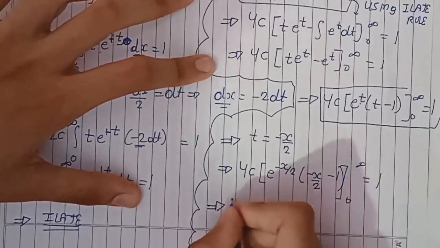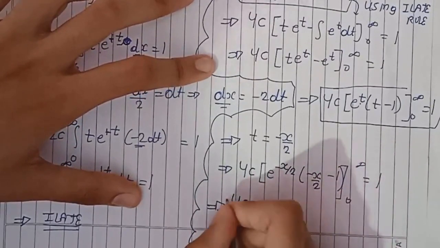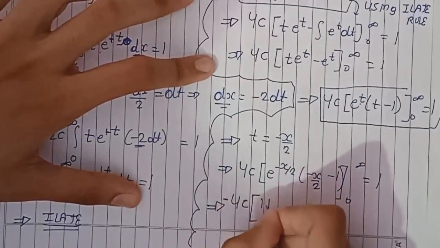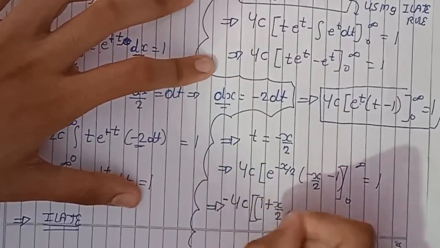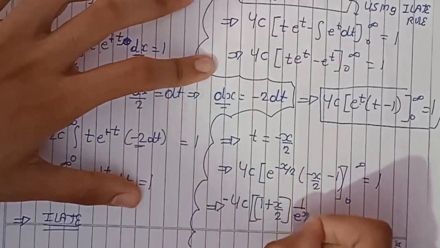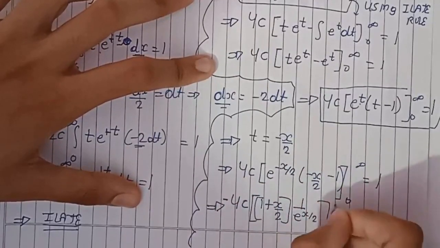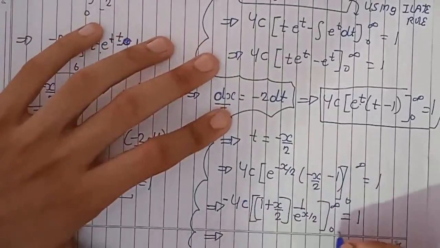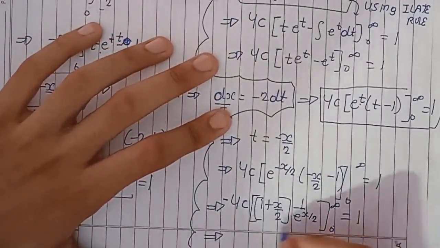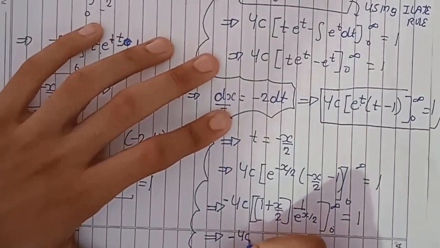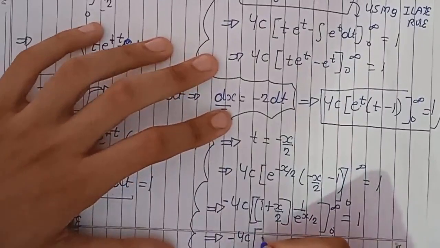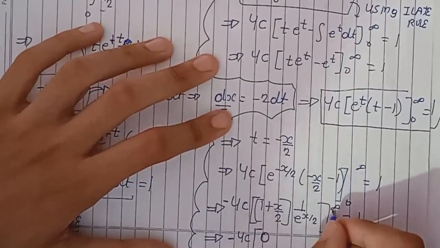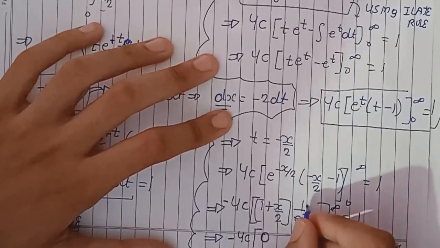Now simplifying this expression, I can have, now putting these limits in this expression, you can get, here we will be having 0 because putting infinity here we will be having 1 upon infinity which is equal to 0.